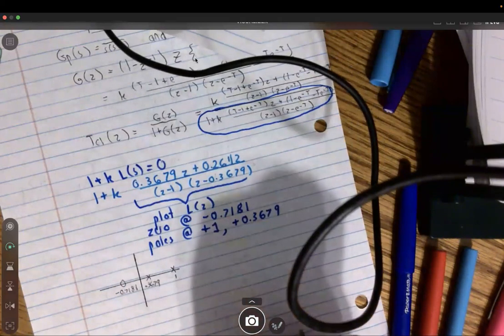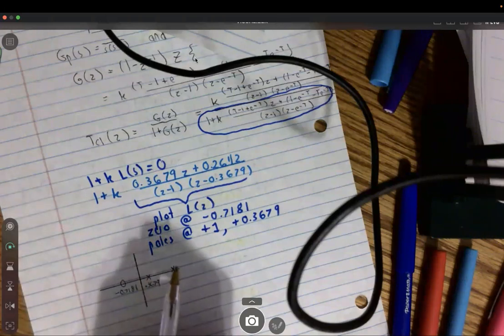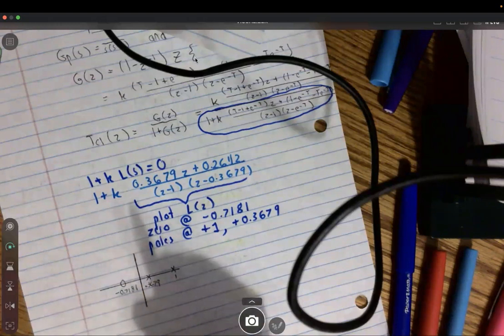Okay, so now that we got that, if we have to do the root locus plot, we just have the open loop system when k is equal to 0 right here. We need to find the asymptotes and also the angle of the asymptotes in order to have an idea of where it's going.